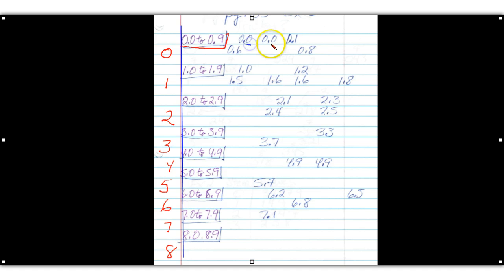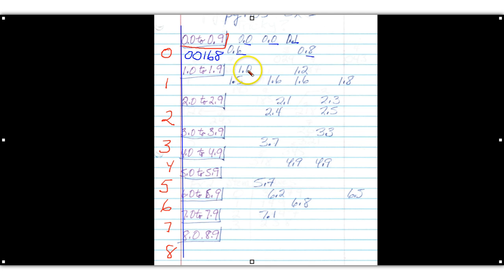So I'm going to now put my leaves in. So this will be a 0, 0, 1, 6, 8. And there's my stem. These are my leaves. So again, my stem is 1.